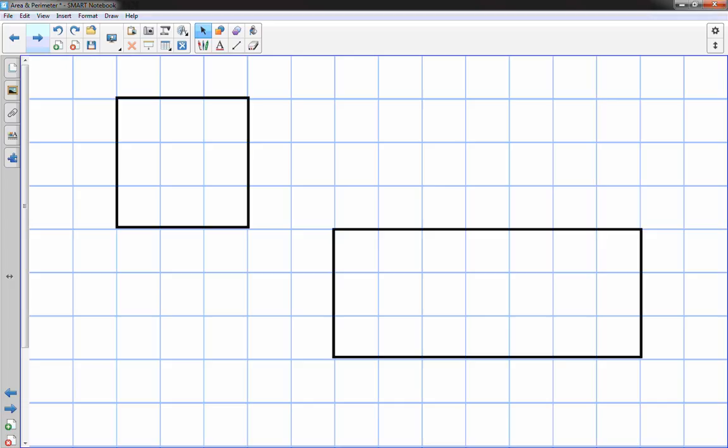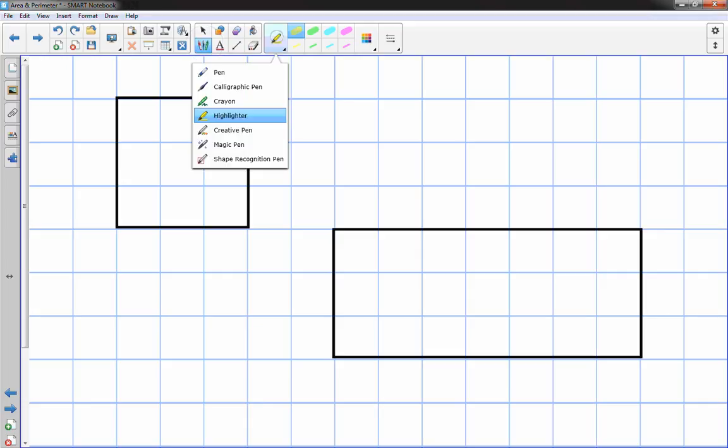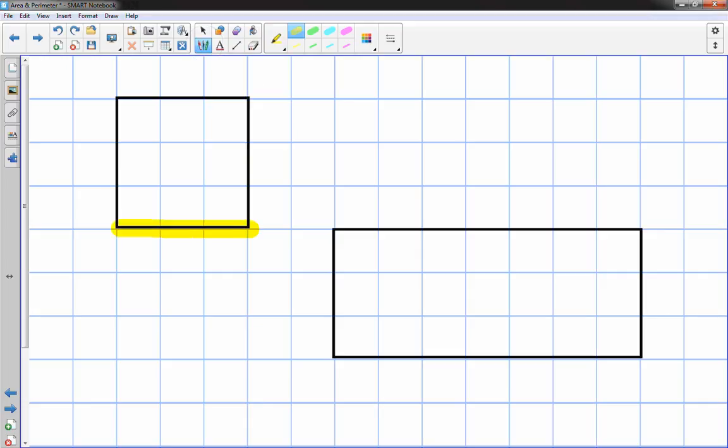So let's get started. I have two rectangles here. Let's look at the square first. So the square, you have to think about the base and how long is it? 1, 2, 3. So it has a base of 3. Base equals 3.